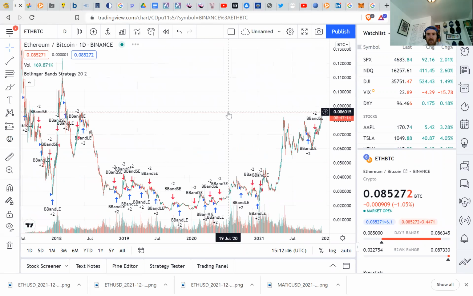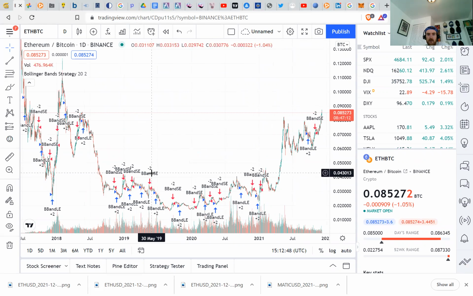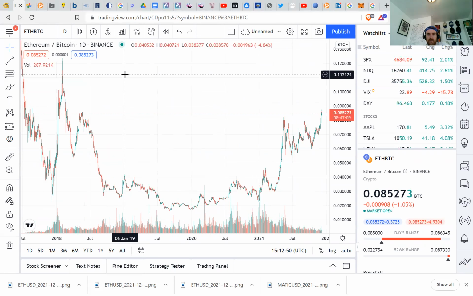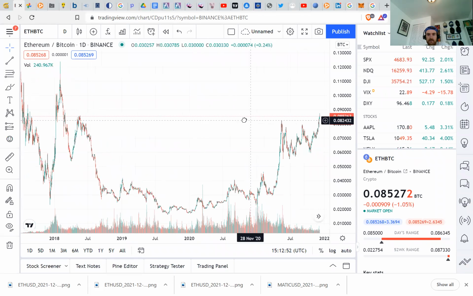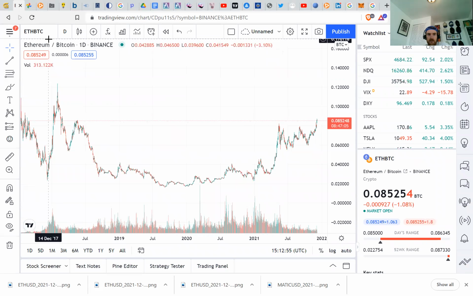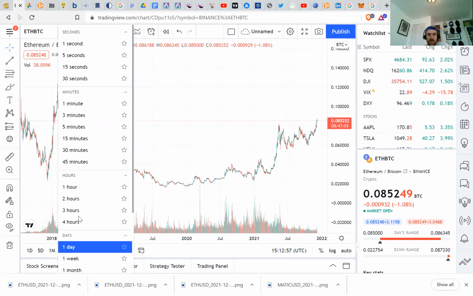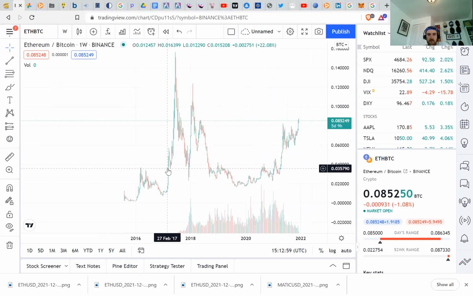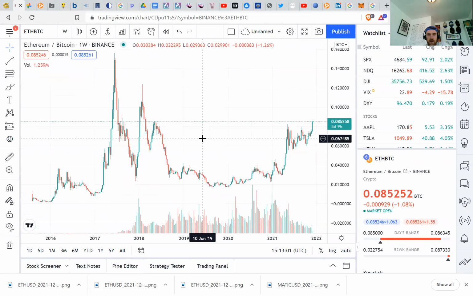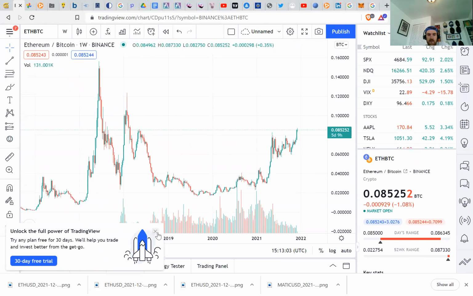You can see on the all-time view, and even let's just look at the weekly, because we're looking really good on this weekly chart.